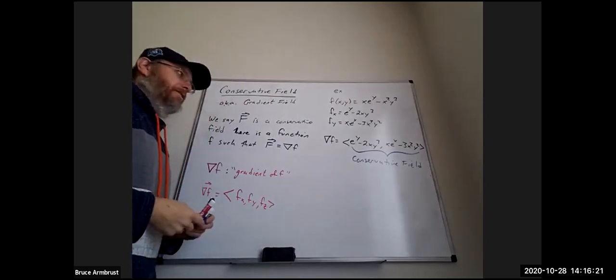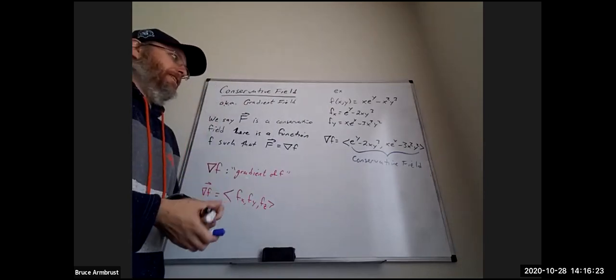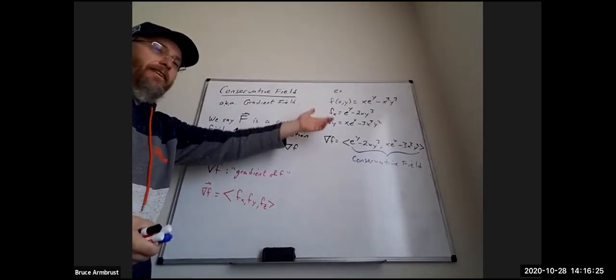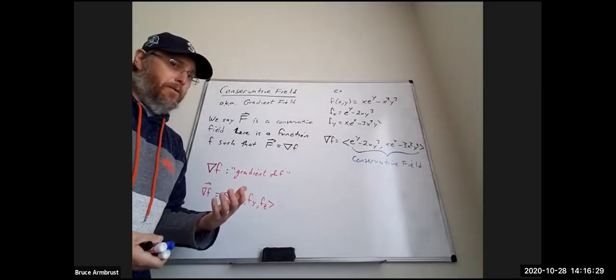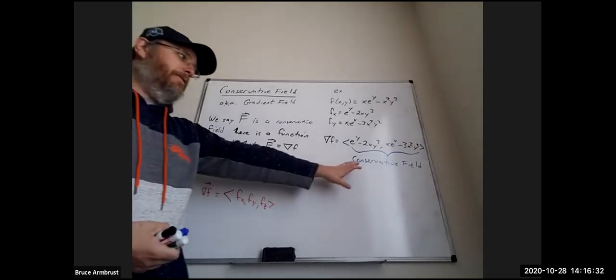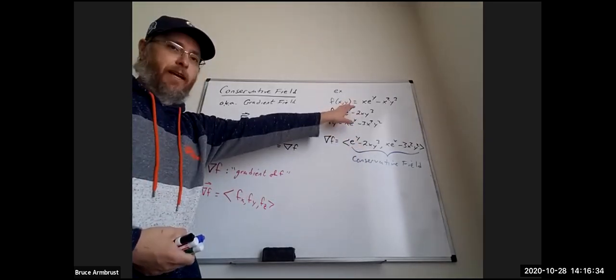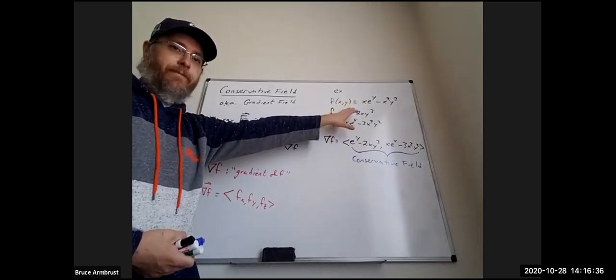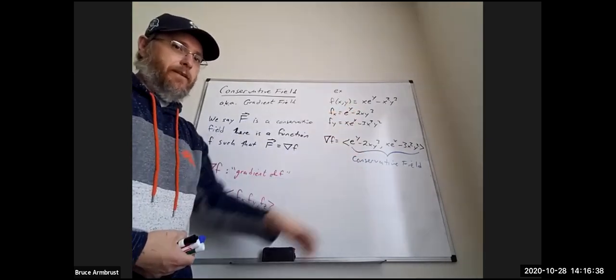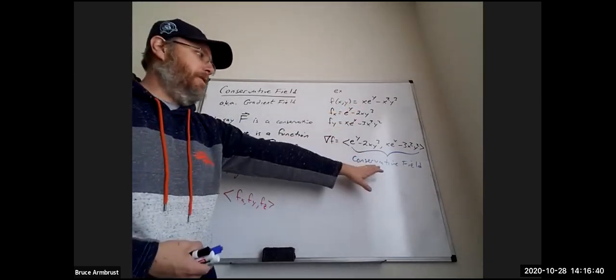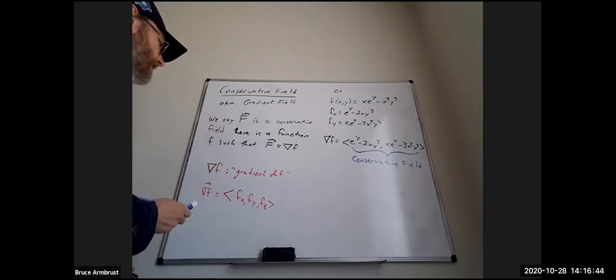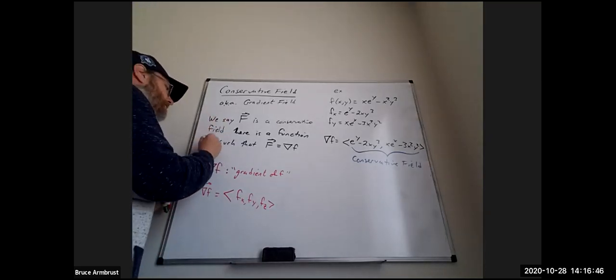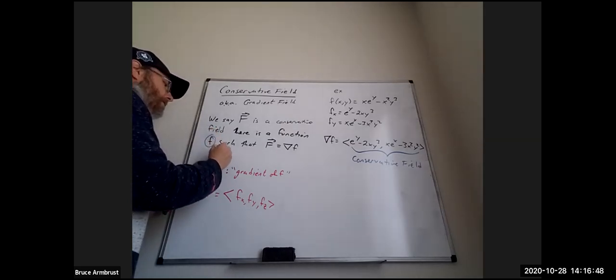I know that it's a conservative field because it is a gradient of a function. I built the function. Usually we're going the other way though. Usually we know our field and we're trying to find the function whose gradient is the vector field, but this for sure would be a conservative field. The function, this function f, is called a potential function.